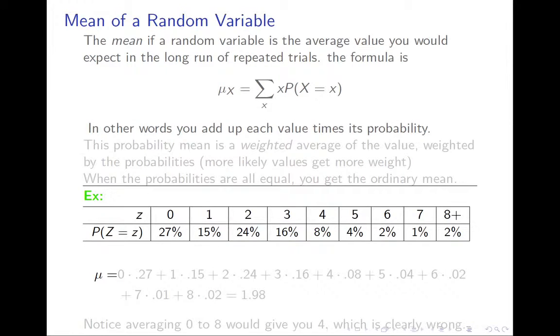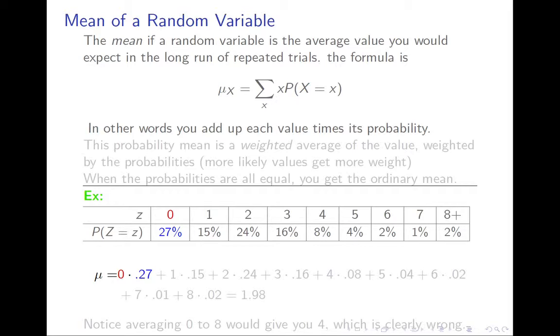Z is a more interesting example. Z is the number of children a random person has had. So what's the average number of children an American adult has had? We take 0, the first value, times 0.27, its probability.